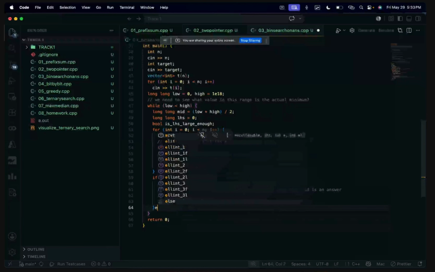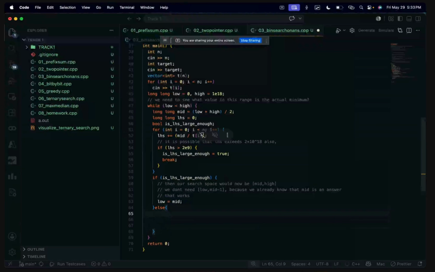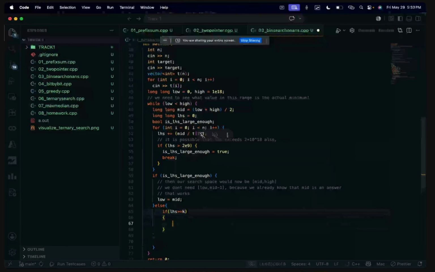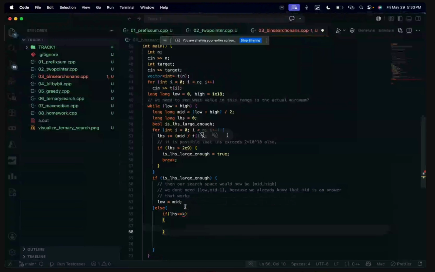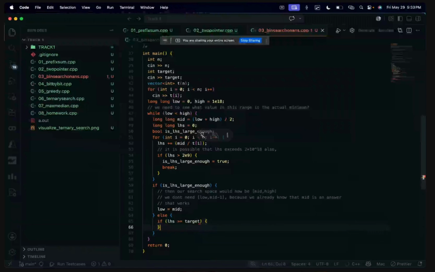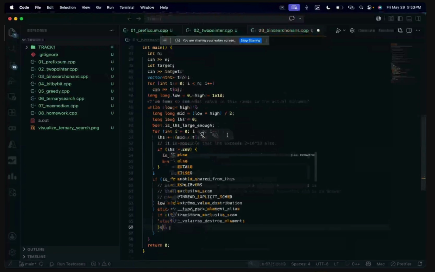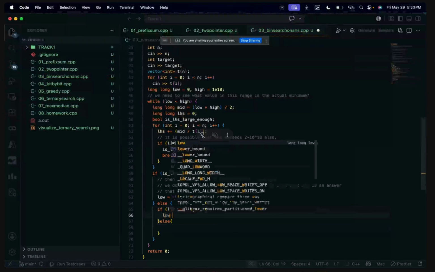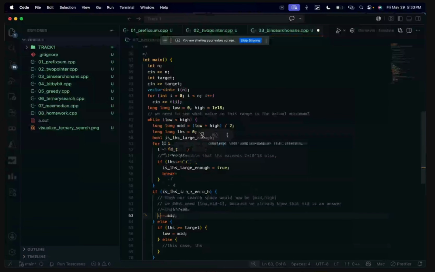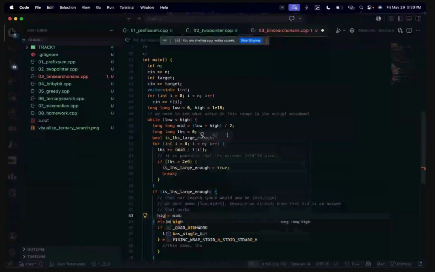If the LHS is not large enough, then we might have to do some extra effort. That is, we just need to check if LHS, the number of products that mid produced, is greater than or equal to K. K is the target. And this is the same case as LHS large enough, so we know low equal to mid here. Oh sorry, high equal to mid here. Apologies for that.